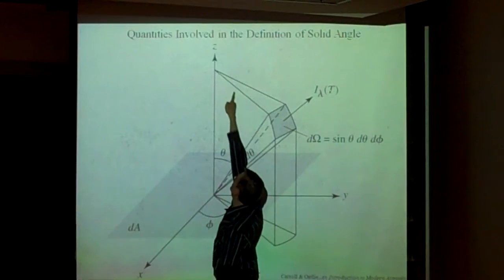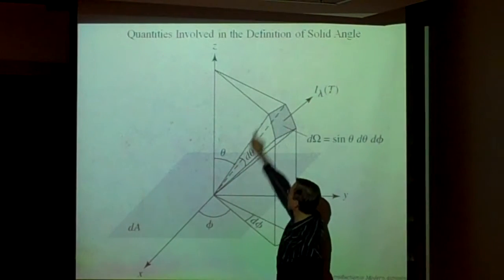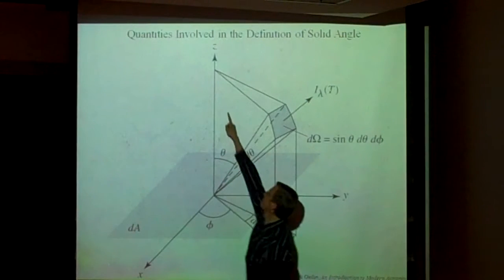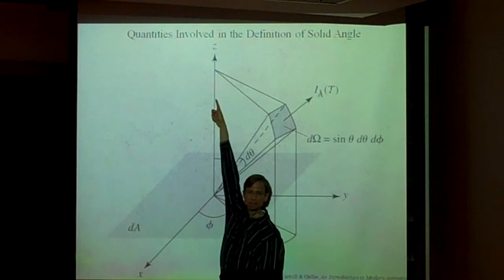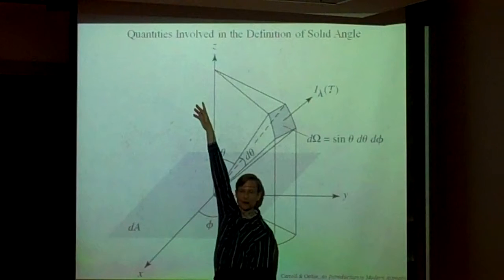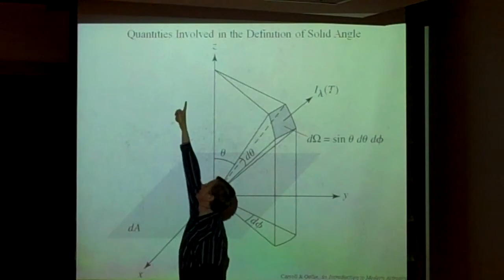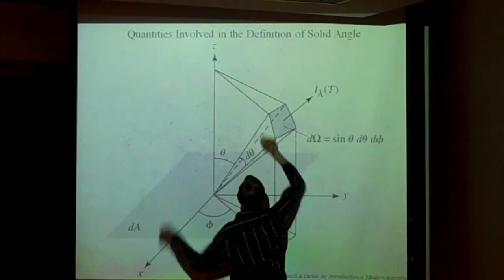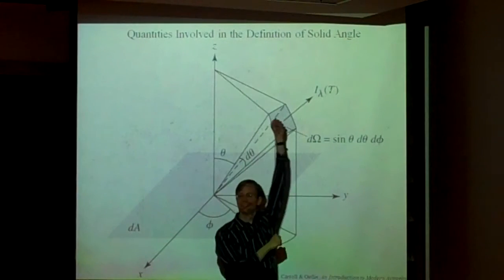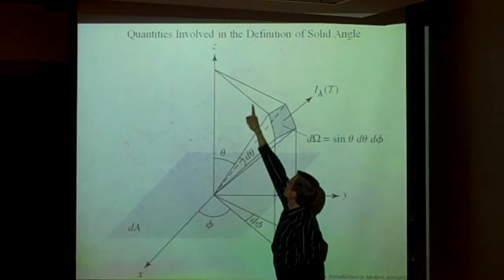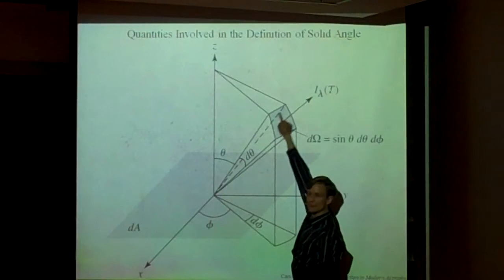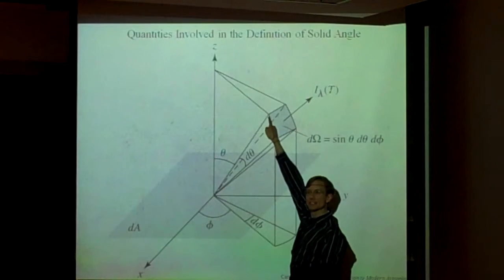What is this distance? If this is r, here's theta, that's really perpendicular to the z-axis up there. It's just that this is a perspective drawing. So that's r sine theta up there. And if that angle's d phi, what's that distance right there? R sine theta d phi.